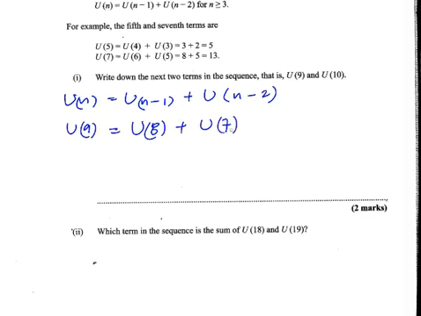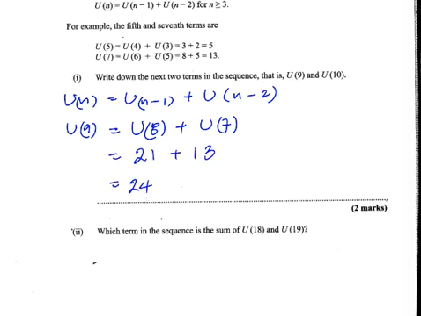Alright, so u8, which was given initially, is 21, and u7, which is up there as well, is 13. So the ninth term is 34.